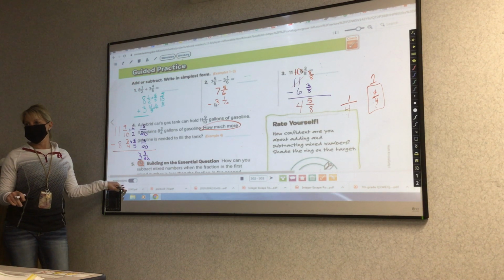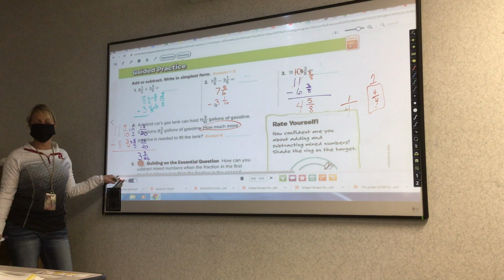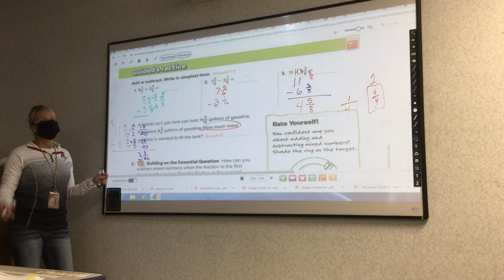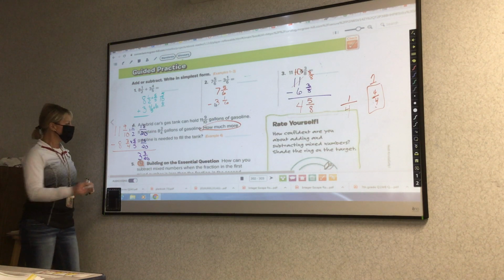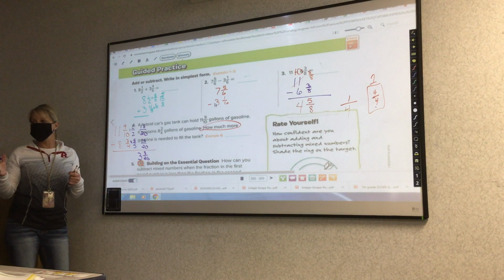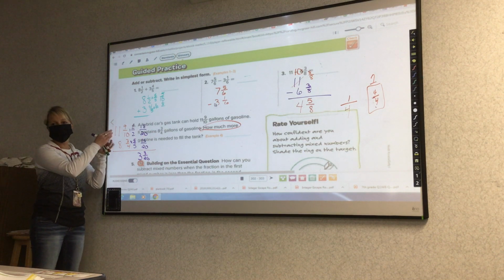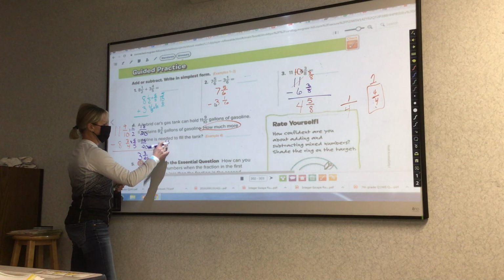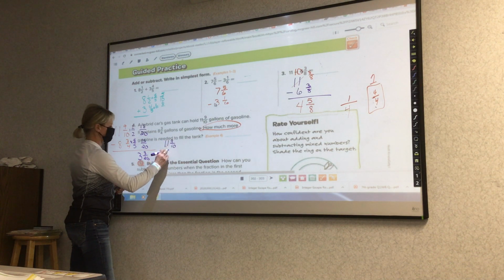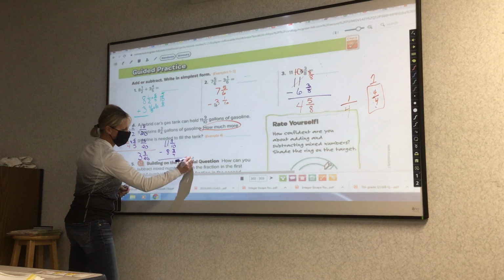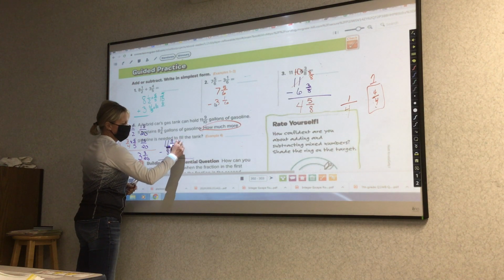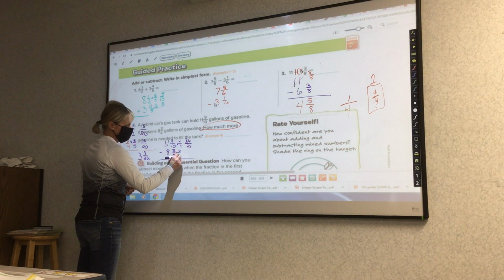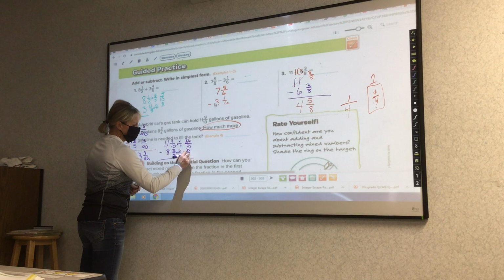I hope you guys all fill this out, as I was working on it on the board. Could you have done 40? You could use 40, so that's a good question. Can I use 40? Yes, that's a common denominator, it's just not the least common denominator. So if I have 11 9/10 and 8 3/4, and I'm going to use 40, this is times 4, so that's 36/40. This is times 10, so I have 30/40.